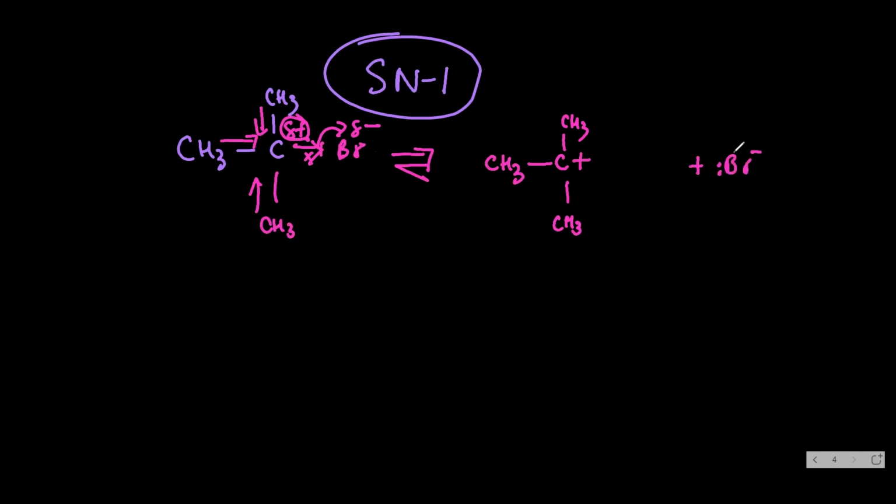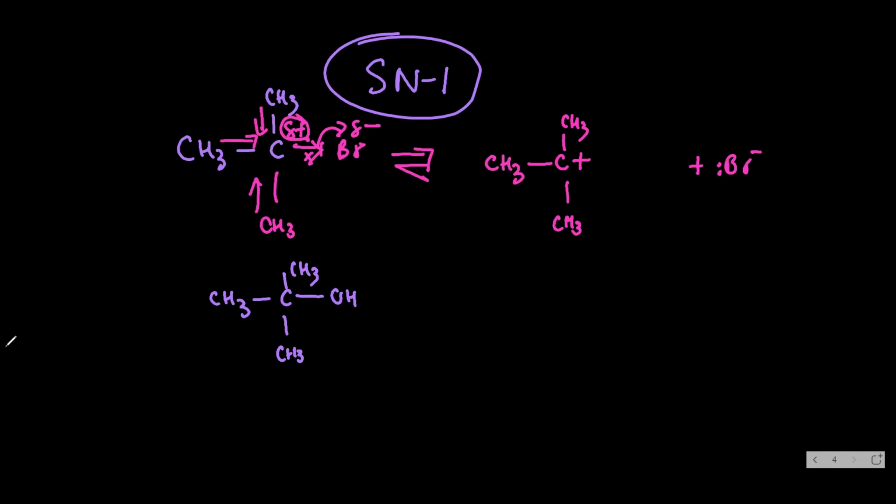Immediately, if you have a nucleophile right there, the nucleophile comes in and readily attaches to the carbocation. For example, in this case, if you had OH, it would come and form the alcohol. Now, tertiary halogenoalkanes react through the SN1 mechanism, that's for sure. If primary halogenoalkanes were to react in the same manner, the primary carbocation formed would be relatively unstable, resulting in high activation energy for the reaction.